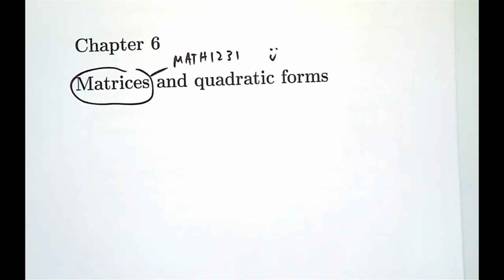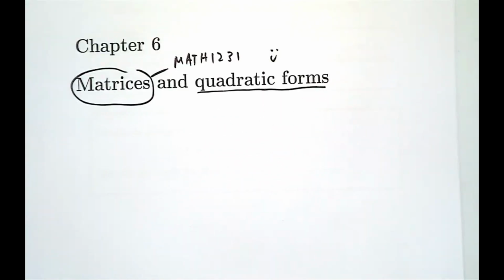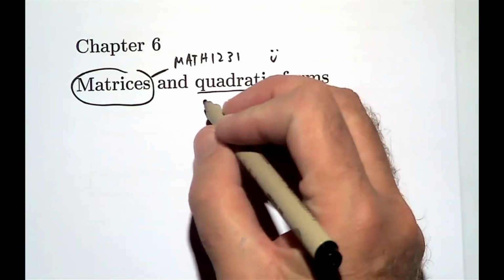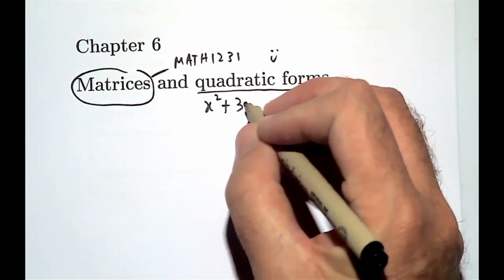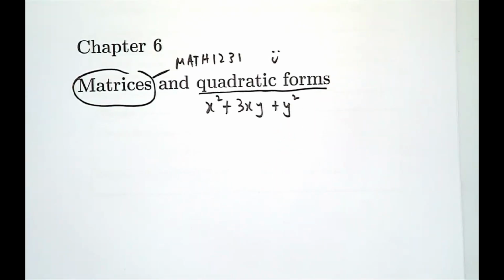Okay? So, a couple of things first. What's a quadratic form? Well, we're going to be looking at these things in 2 dimensions. So what's an example of a quadratic form? Something like this: x squared plus 3xy plus y squared. So it's a polynomial in 2 variables and the degree, or the order, is 2.